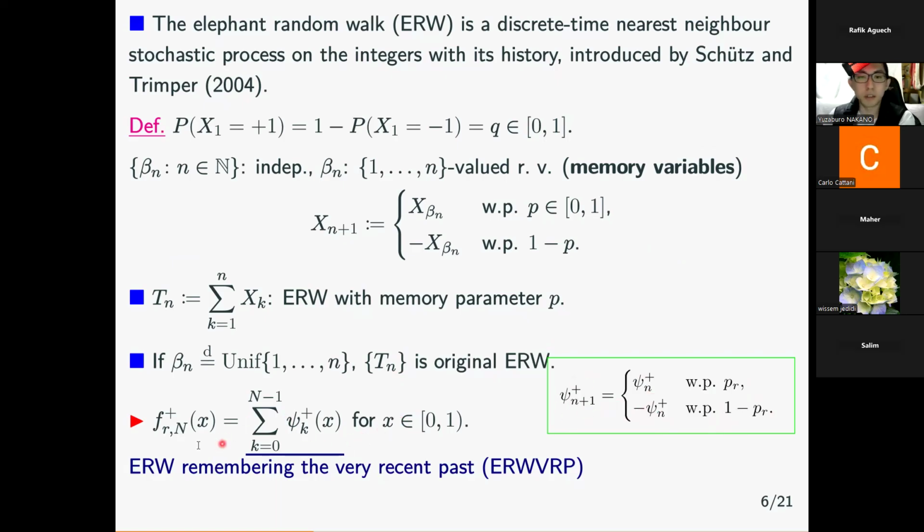we find that if beta n is n, then Rn plus is the elephant random walk remembering the very recent past.